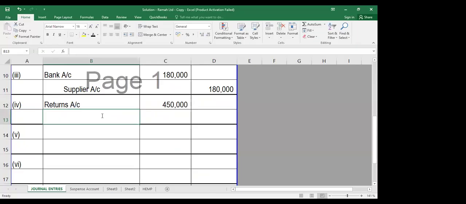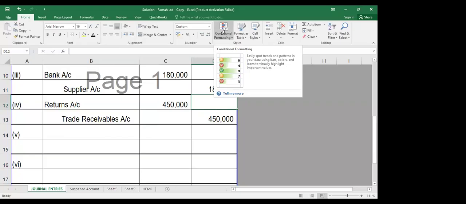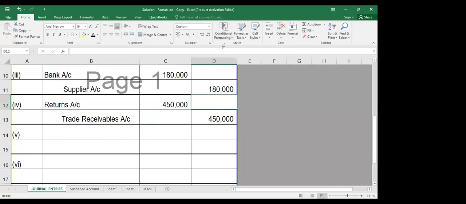Then remember they are sales on credit, so trade receivables account also by 450. Because remember, the assumption is you sold goods on credit, but this customer has returned some goods. Maybe they are damaged or you had a dispute on your invoice, etc.